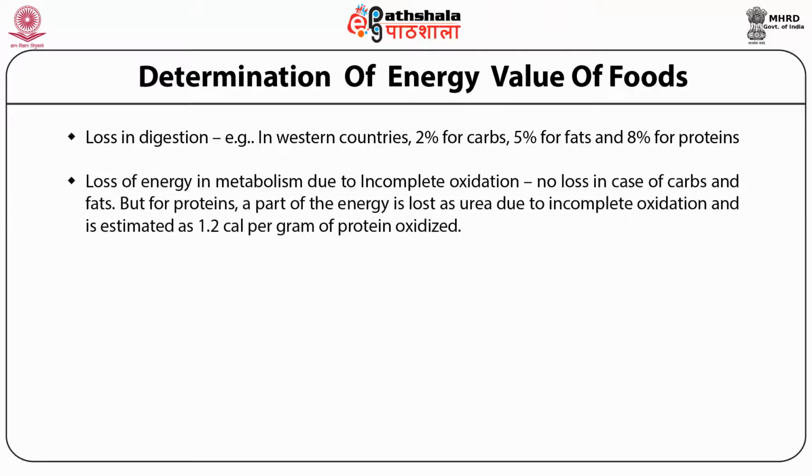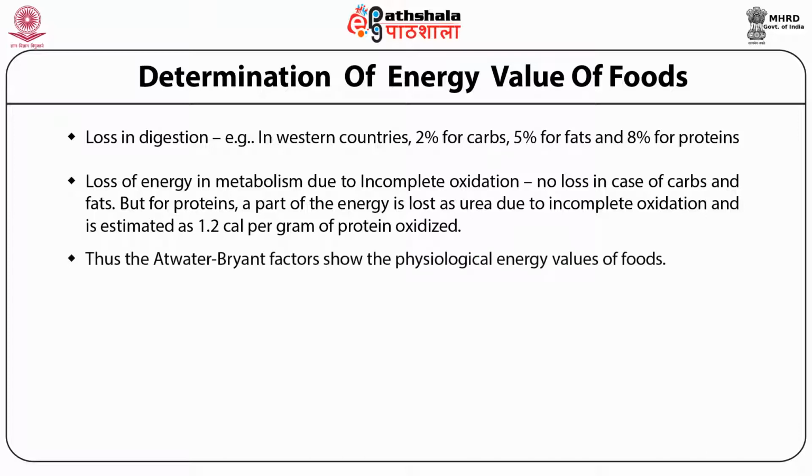Loss of energy does not occur for carbohydrates and fats during metabolism due to incomplete oxidation. But for proteins, a part of the energy is lost as urea due to incomplete oxidation and is estimated as 1.2 calories per gram of protein oxidized. Thus, the Atwater-Bryant factors show the physiological energy values of foods.